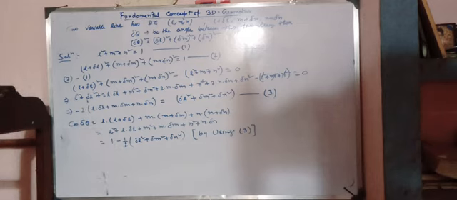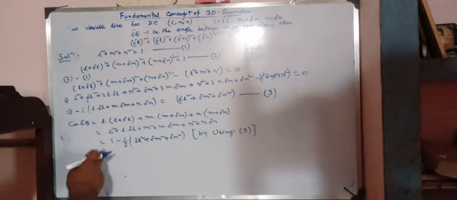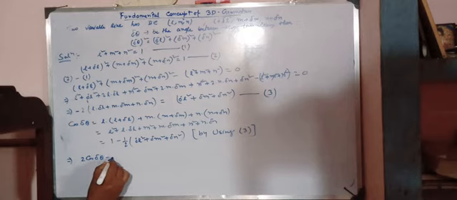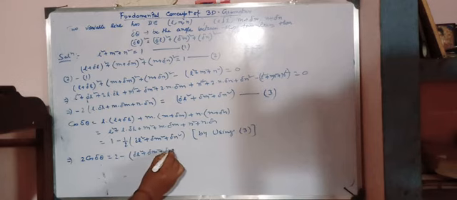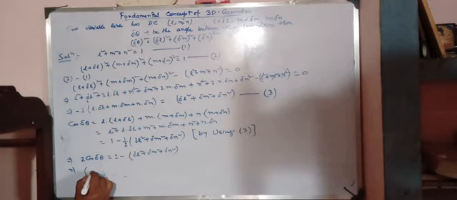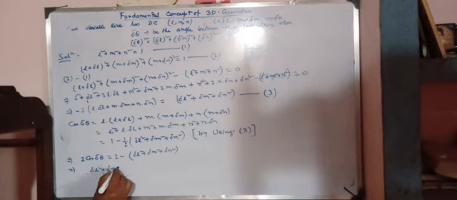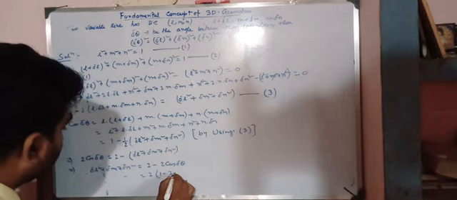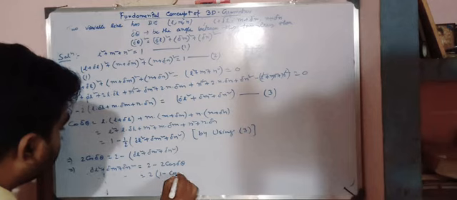Now delta l square plus delta m square plus delta n square, from this relation we get 2 cos delta theta is equal to 2 minus delta l square plus delta m square plus delta n square, or delta l square plus delta m square plus delta n square is equal to 2 minus 2 cos delta theta, that is 2 into 1 minus cos delta theta.